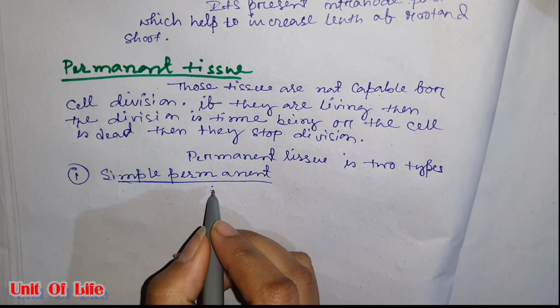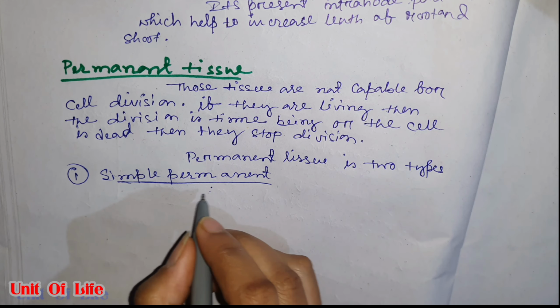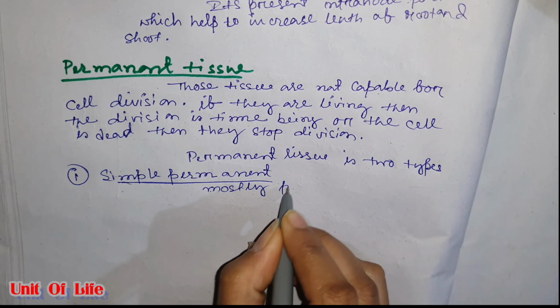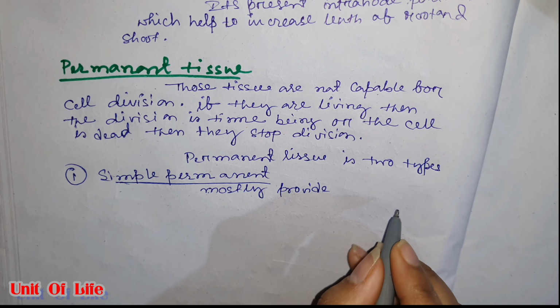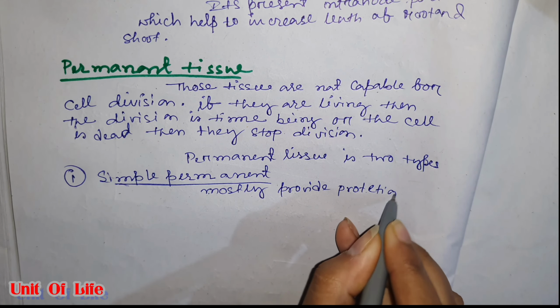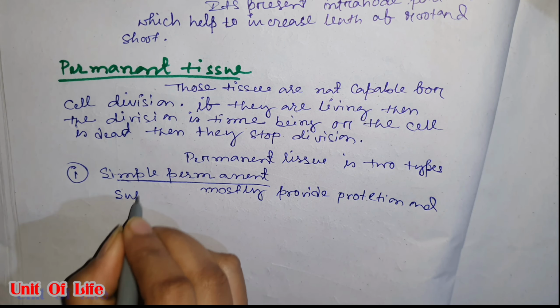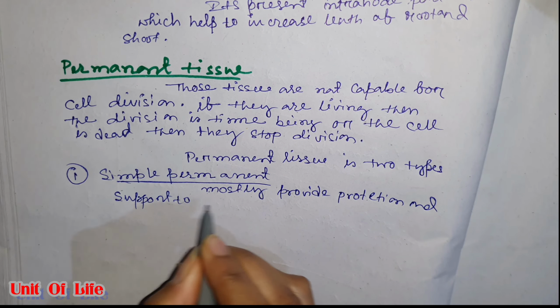Protective tissue is present in the epidermis. It means this type of tissue covers the plant and protects it from external influence.